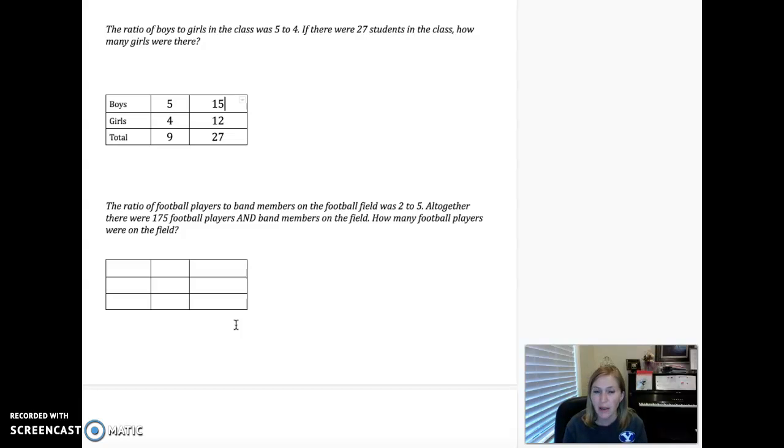that review. Okay, this next problem says the ratio of football players to band members on the football field was 2 to 5. So again, we're going to fill it out. It says football players to band members. So let's write down football to band.